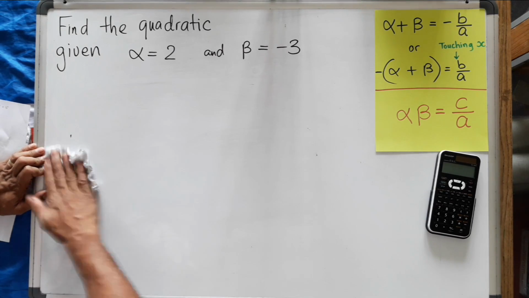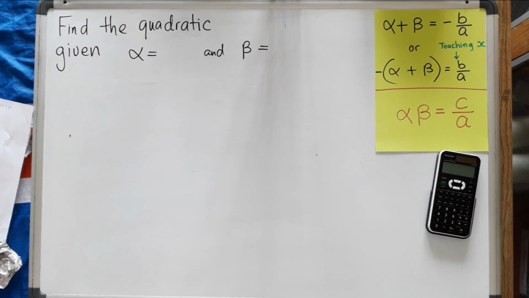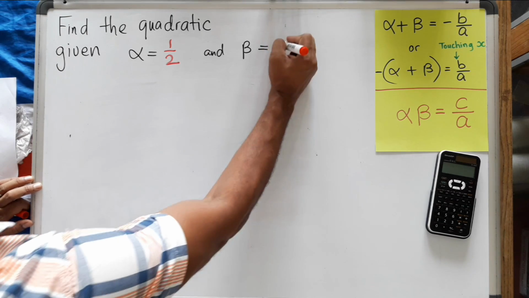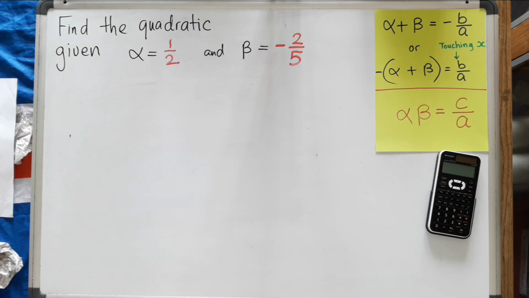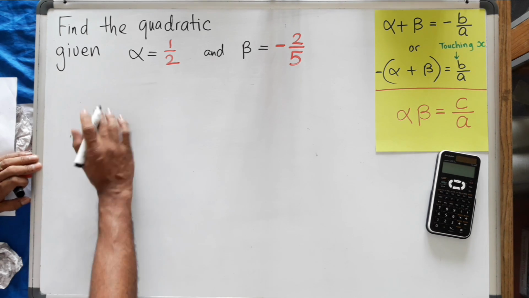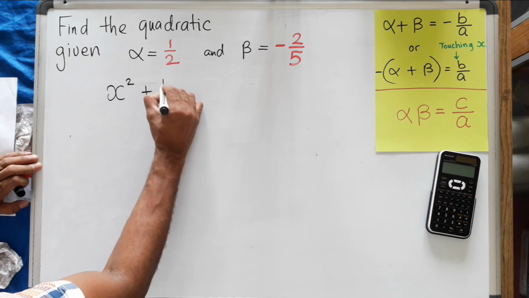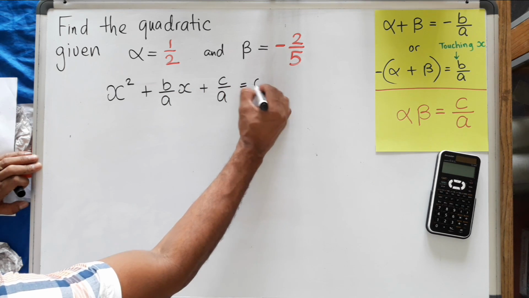All right. So, same question, different values. Given, find the quadratic, sorry. Given that alpha is, let's try a half and beta is minus 2/5. Now, it's a really good idea in these questions to work with fractions. All right, so remember, we are working with this. X squared plus B divided by A X plus C divided by A is equal to 0.